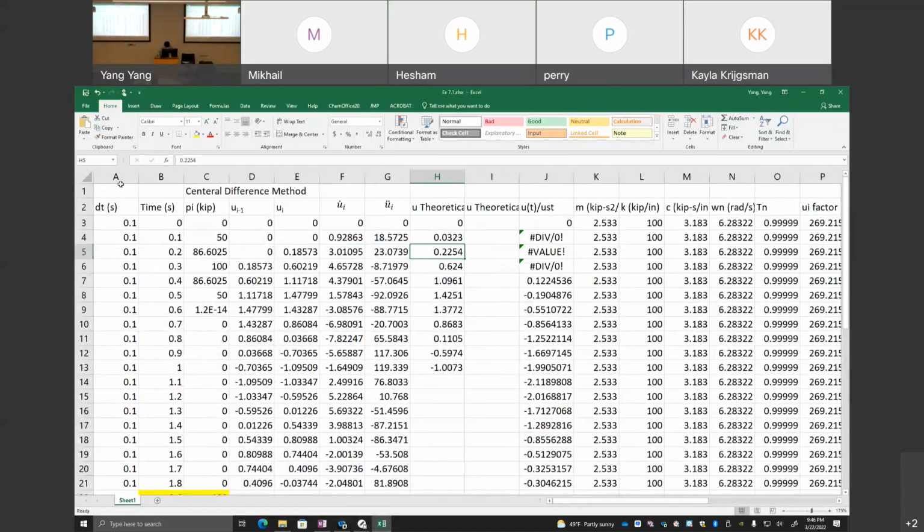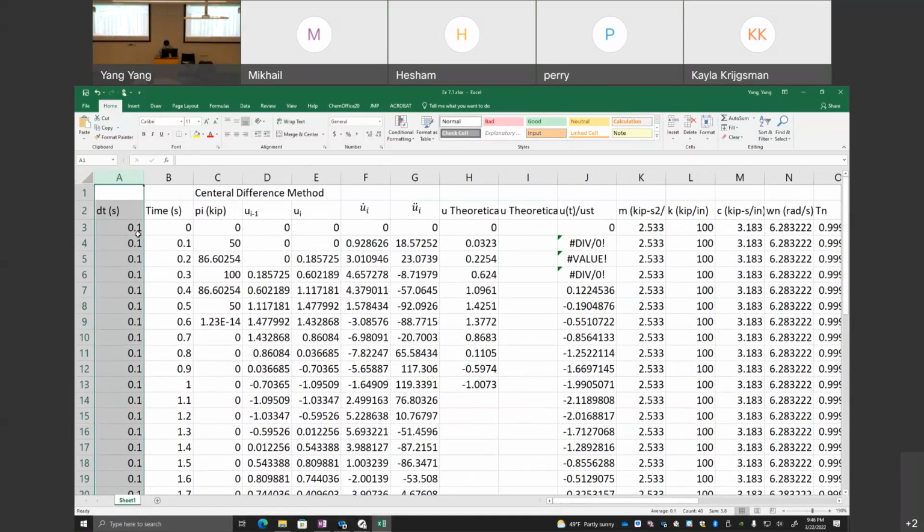Online students, can you see the Excel file on your screen now? Yes, we can see it.